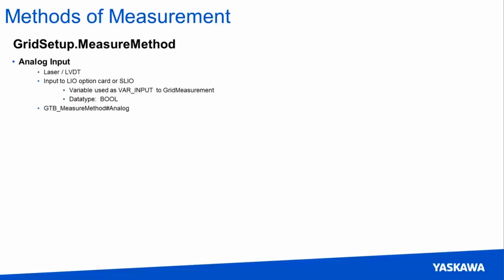The variable is used as a var input to grid measurement. It's the only one that has its own var input for grid measurement. The other 2 measurement methods are set up in the grid setup structure. The third bullet down, we have GTP MeasureMethod, # analog. That's the enumeration that we can use to set grid setup.MeasureMethod.